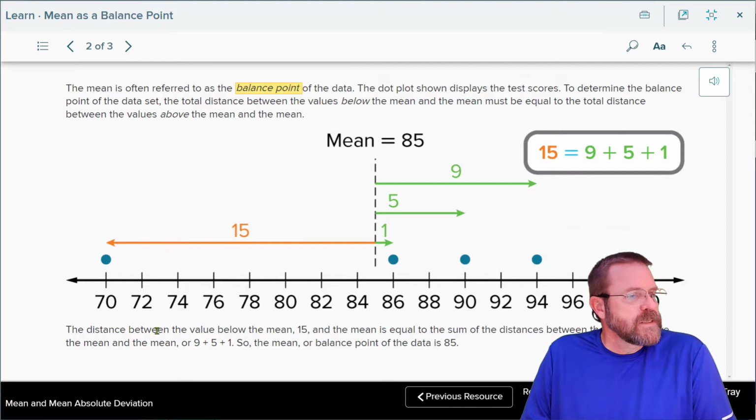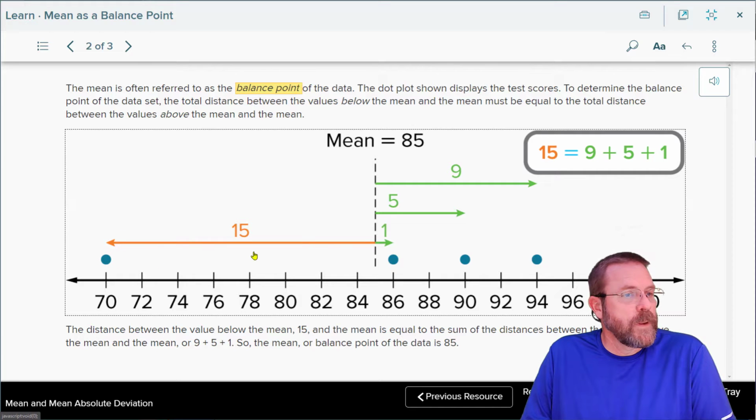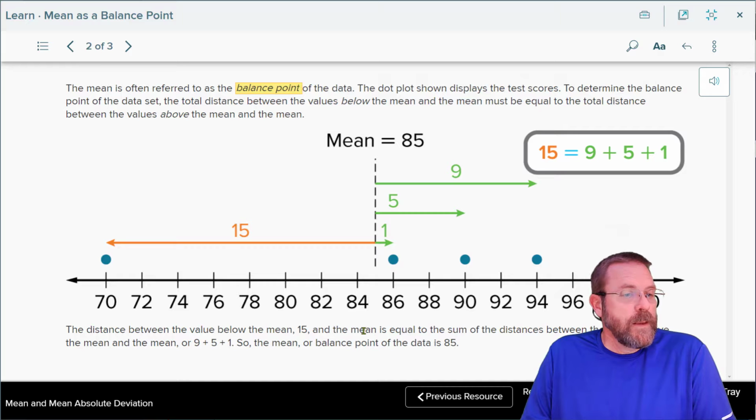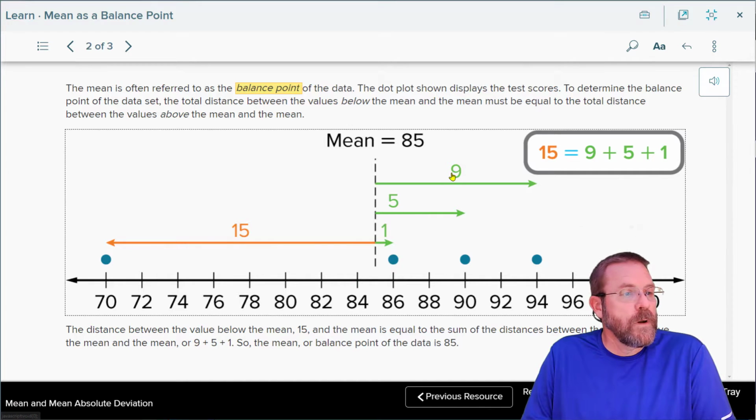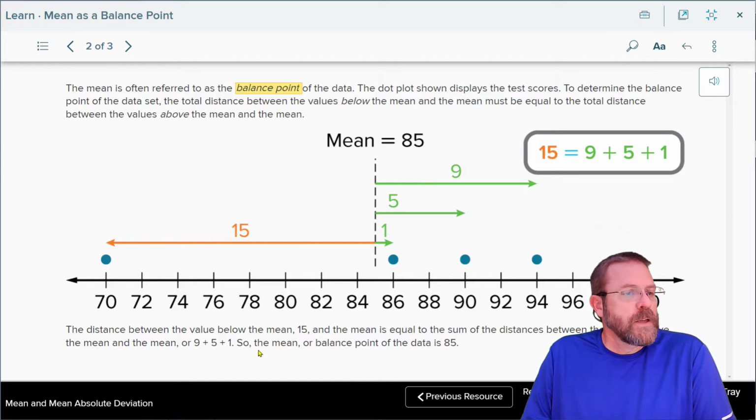Here it says the distance between the value below the mean is 15. So from here to the middle is going to be 15. And that is equal to the sum of the distances between the values above the mean. So you've got 9 plus 5 plus 1. 9 plus 5 plus 1 is equal to 16.